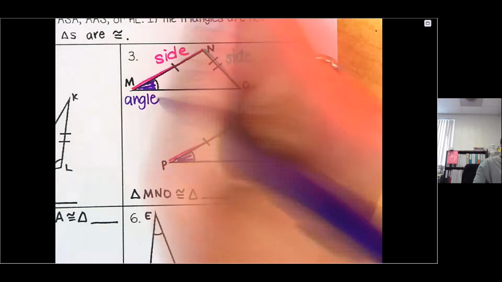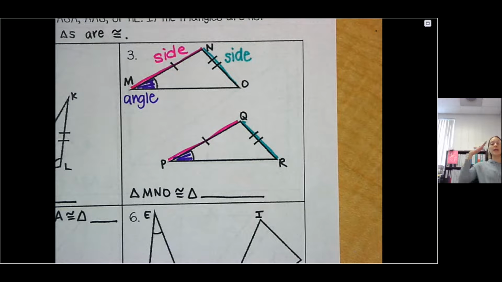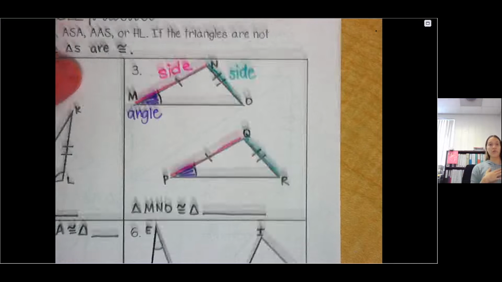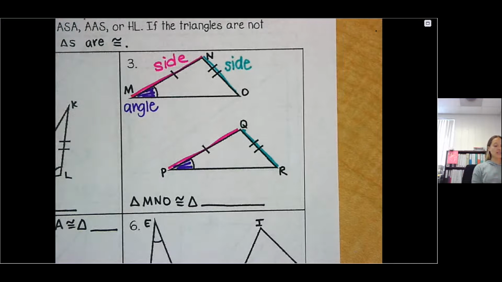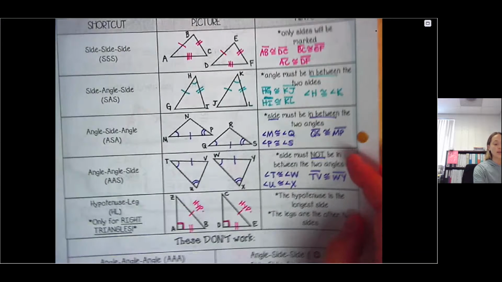So this is my angle. So in my picture here, I have 2 sides that are marked as congruent and 1 angle that is not in between the sides. 2 sides and 1 angle that is not in between the sides. So of the theorems, does it look like any at the top?